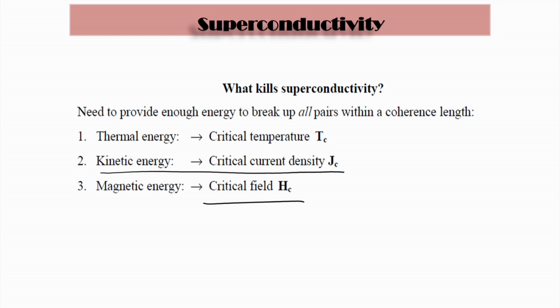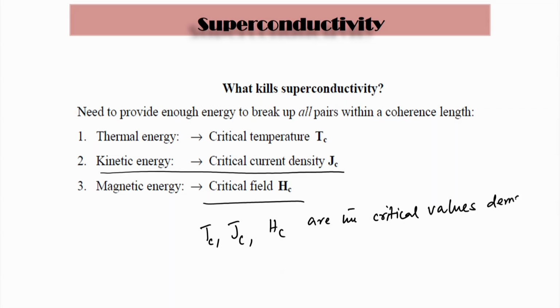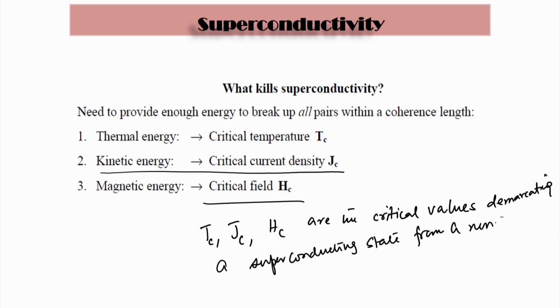So, T c, J c and H c are the critical values demarcating a superconducting state from a non-superconducting state.